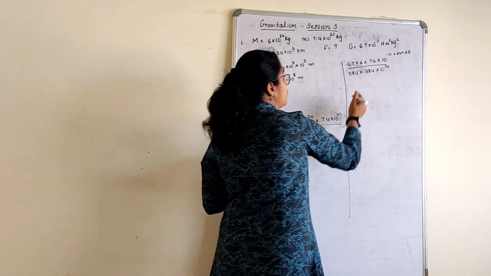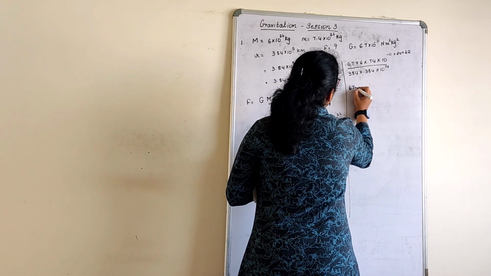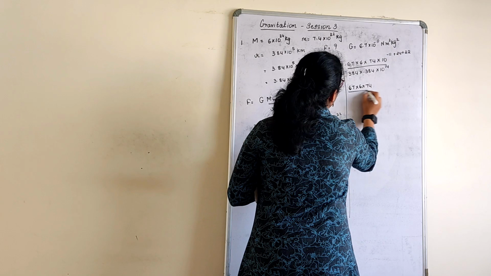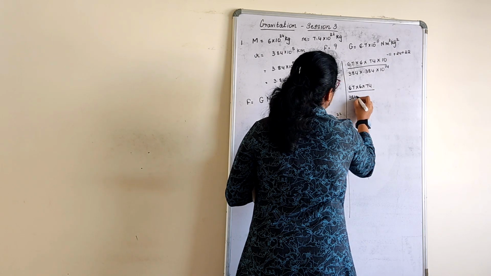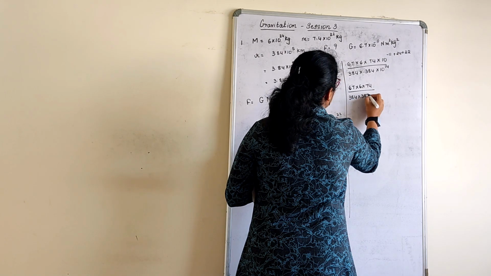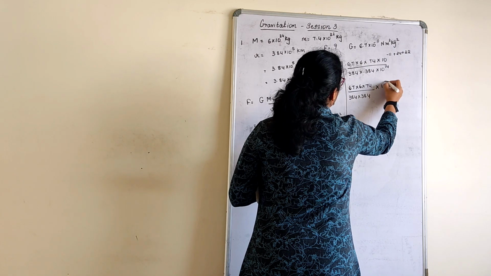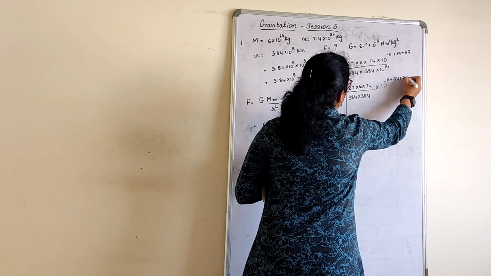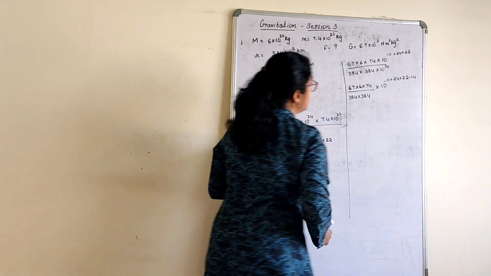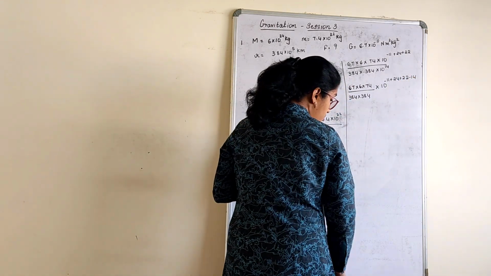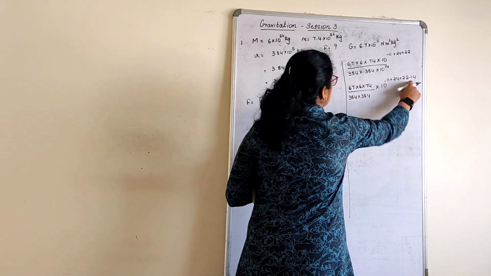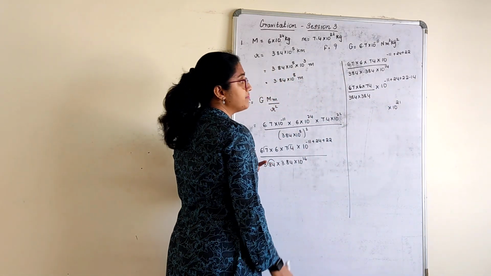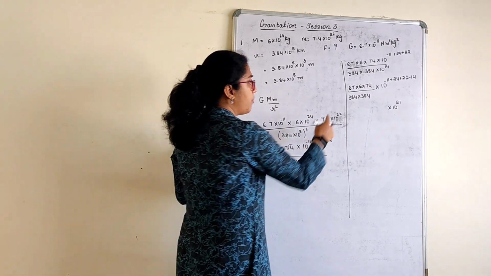Take that 10 raised to 14 there. 67 into 6 into 74 divided by 384 into 384 into 10 raised to minus 11 plus 24 plus 22 minus 14. So when you do this calculation, you get 10 raised to 21 in exponential form.